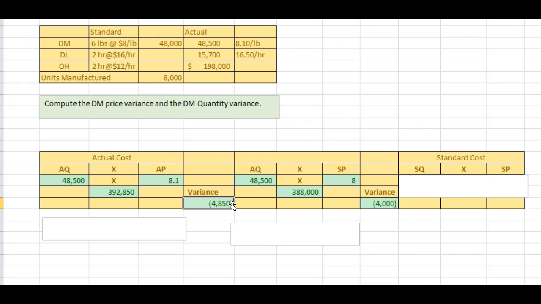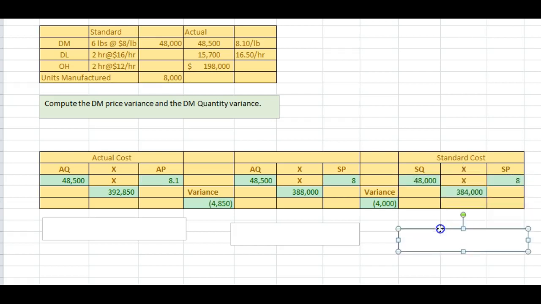That's called a negative variance, or an unfavorable variance. Now on the other side, what if my standard quantity had been correct, and my standard price? It should have only cost me $384,000. So that variance is an unfavorable variance of $4,000, looking at the quantity now.